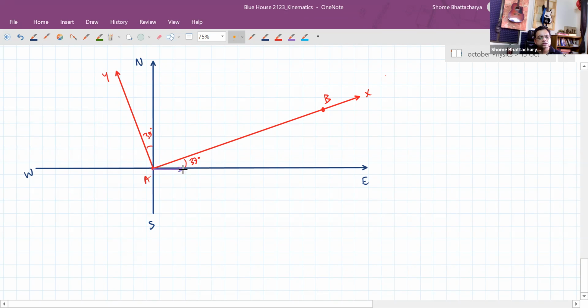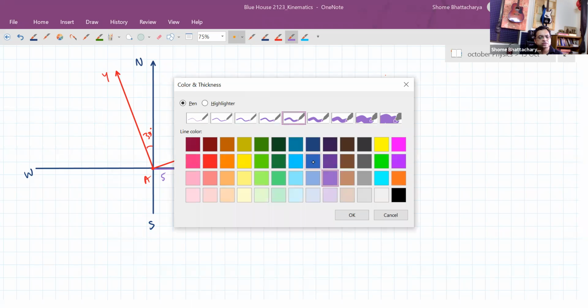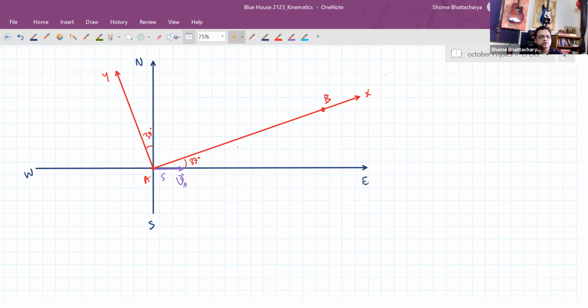So if this is the velocity of air, it's a very small vector in comparison, 5 kilometers per hour. Then to keep the velocity of the aircraft in the direction of the line AB, we'll have to orient the aircraft in this sort of direction.